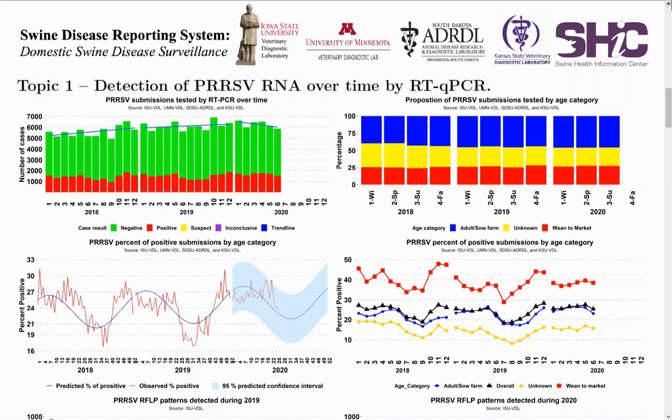So this could indicate that a new agent could be inside the U.S. swine population at that period of time. We know that PED was already here, but we didn't know that Delta coronavirus was here. And there are some other studies that pinpoint detection of Delta coronavirus using tissues that were stored in VDLs back in the middle of 2013.